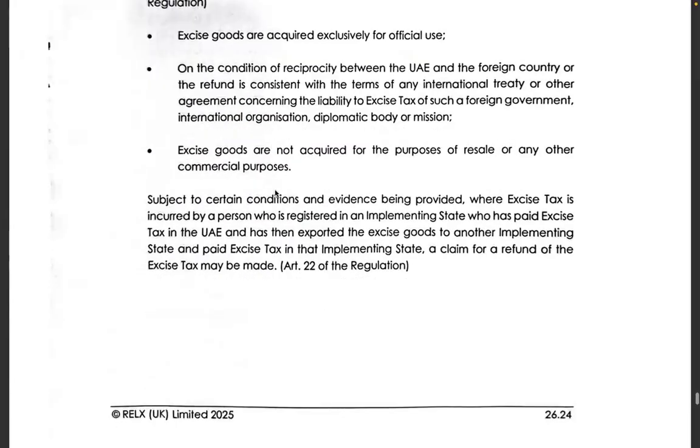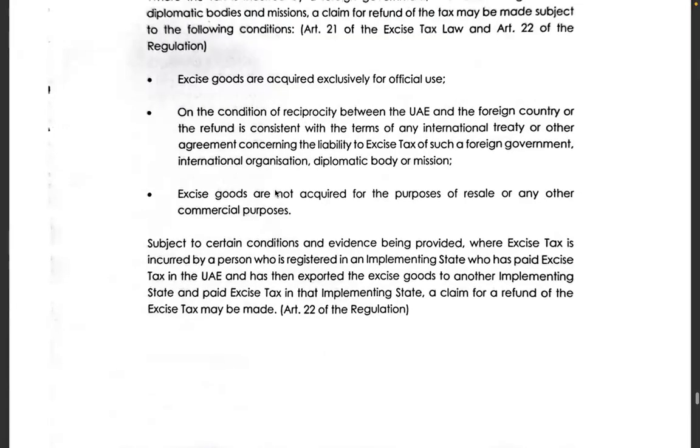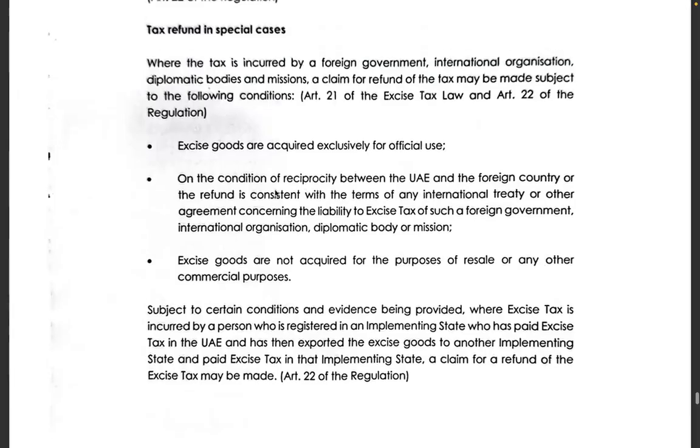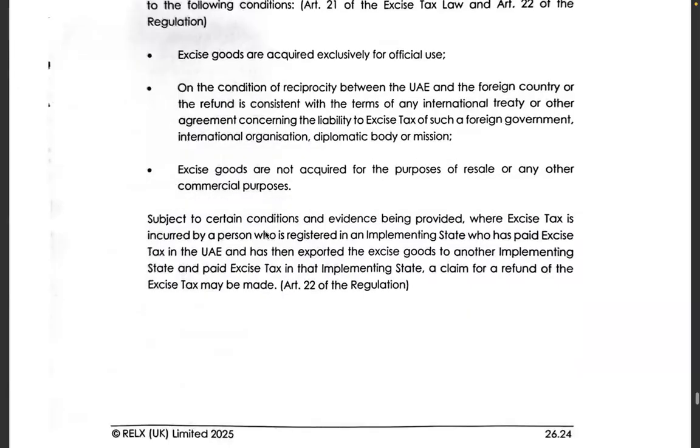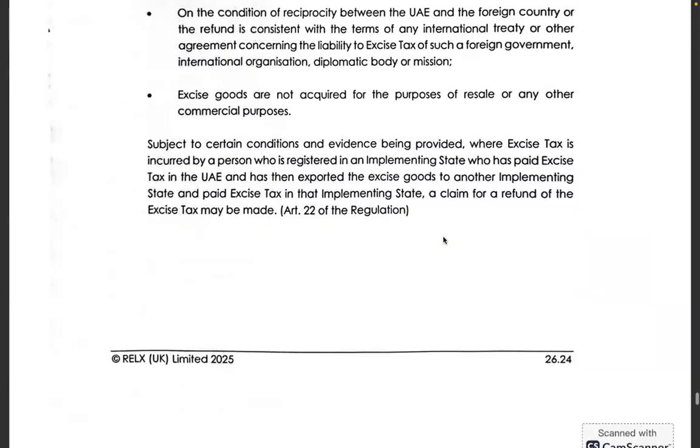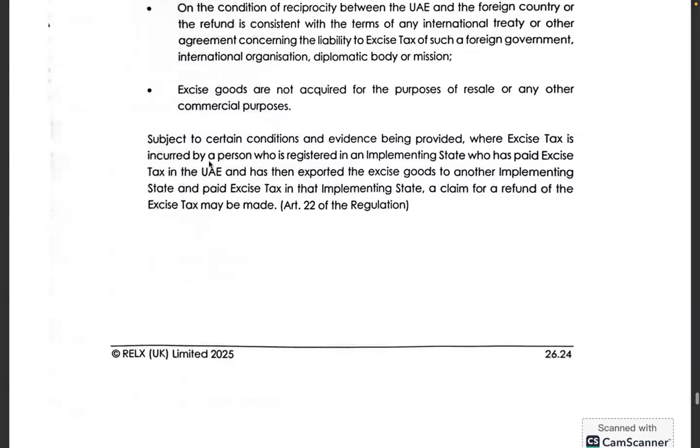So if these conditions are met, that international entity, foreign government, etc., may claim a refund, subject to certain conditions and evidence being provided, where excise tax is incurred by a person who is registered in an implementing state, who has paid excise tax in the UAE and has then exported the excise goods to another implementing state and paid excise tax in that implementing state.